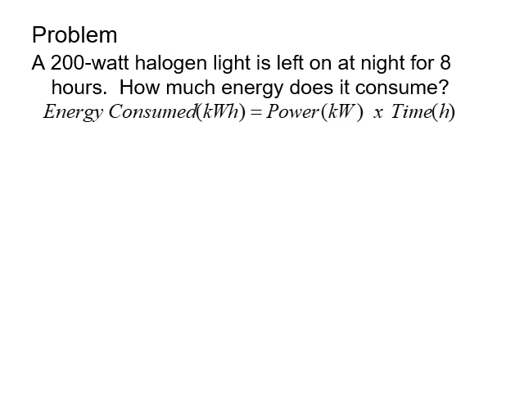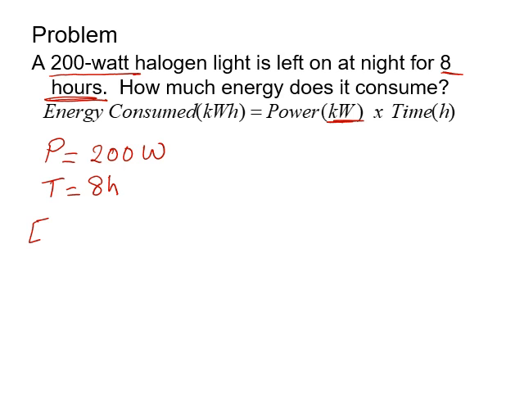So let's do a problem. A 200 watt halogen light is left on at night for 8 hours. So I know my P is 200 watts, and I have to be careful with units because I need my power to be in kilowatts. My time T is 8 hours.